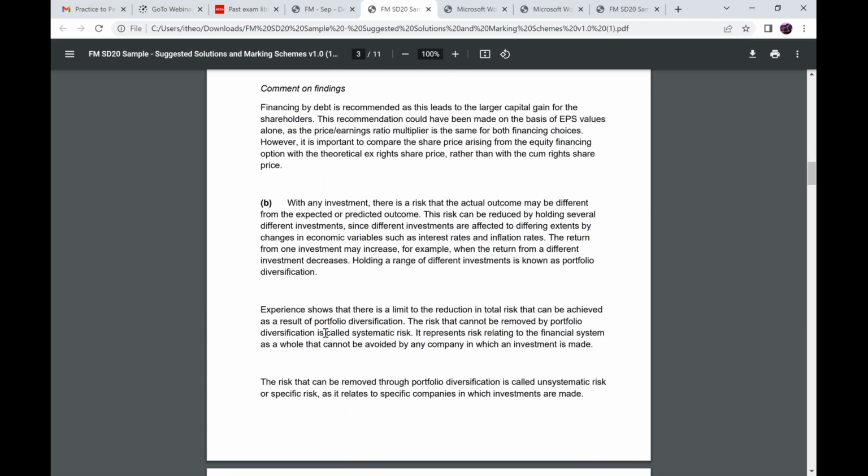This is a 10-mark question, right? Just 1, 2, 3, 4, 5. Financing by debt is recommended as this leads to larger capital gain. Capital gain means share price for the shareholders. This recommendation could have been made on the basis of EPS values alone, as the P/E ratio multiplier is the same.